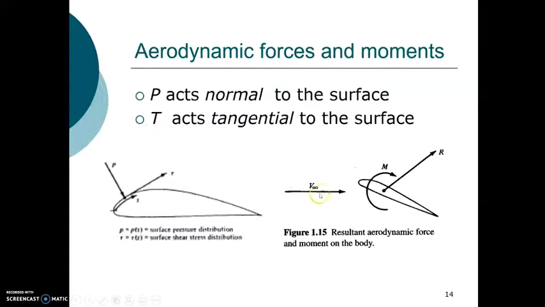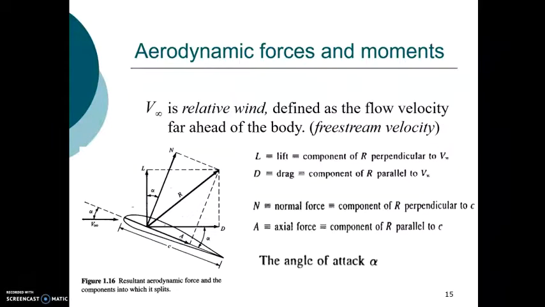And here this arrow denotes the flow, showing that the flow is coming from this region of the figure, and V infinity is the free stream velocity, as we are going to be seeing in the subsequent slides. So V infinity is the relative wind, and it defines the flow velocity far ahead of the body, that is the free stream velocity.